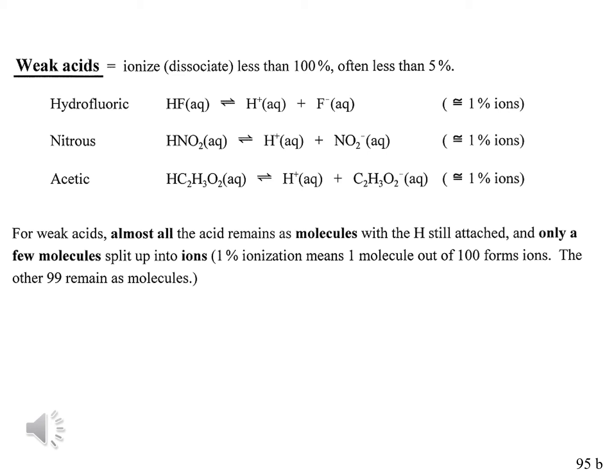I wanted to show you a few that you need to know a discrimination between these and the strong ones. Hydrofluoric acid, the top halogen, is actually a weak acid. Nitrous acid, HNO2, is a weak acid, but HNO3, nitric acid, is a strong one. And acetic acid, vinegar, is a weak one.